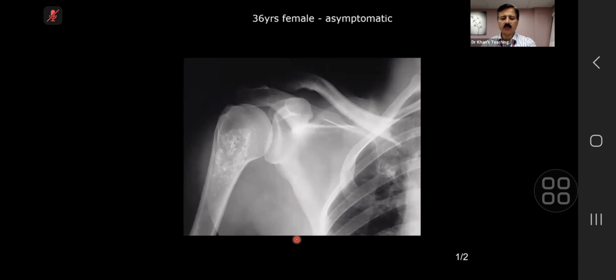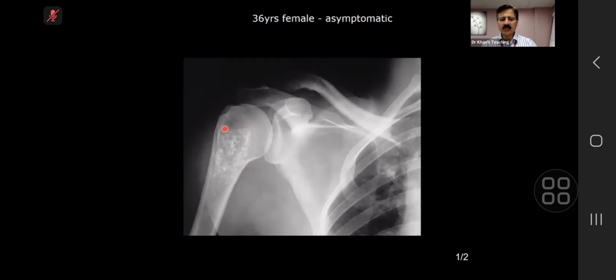I will compare it with the old film, because if there is malignant transformation to a chondrosarcoma, the chondrosarcoma might become de-differentiated and the calcification might not be visible. It will be eaten up by the malignant cells. So that is number two: I would like to compare it with the previous films.